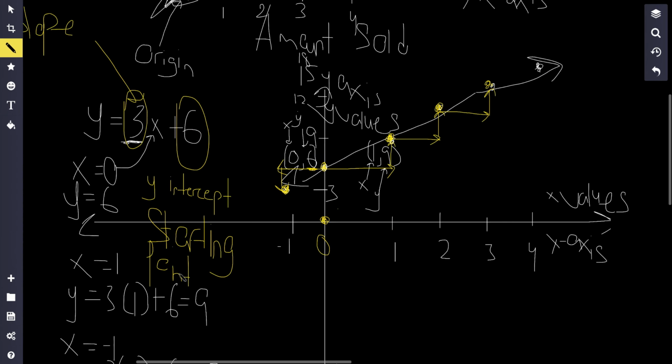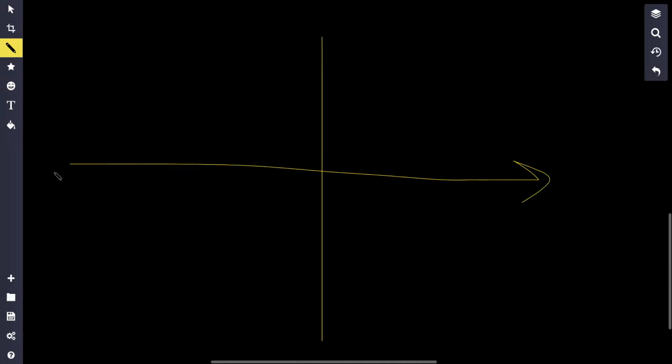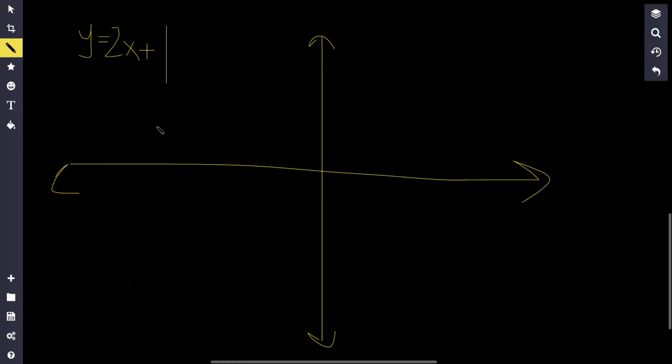And based off of these two things alone, you can graph out linear equations. So for example, look at this. Let's say I have the graph y is equal to 2x plus 1. How do I graph this out? Well, this 1 right over here, remember, that represents our starting point.